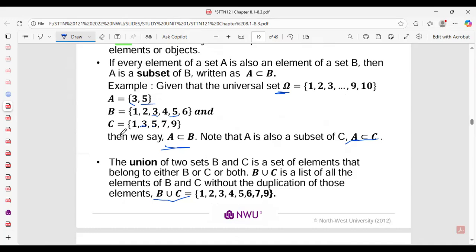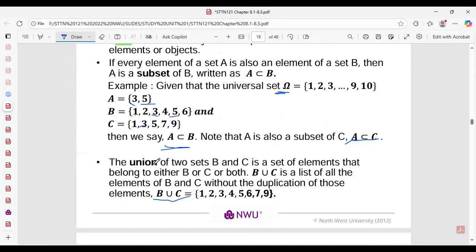you are going to include, you see under B we have 1, 2 till 6, and then C is 1 till 9. You see we have 1 here and 1 this side. 2 this side, we have 3, 3. 4, we have 5, 5. We have 6, 7, and 9.